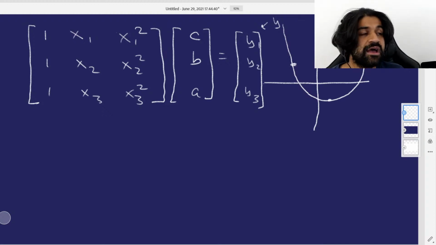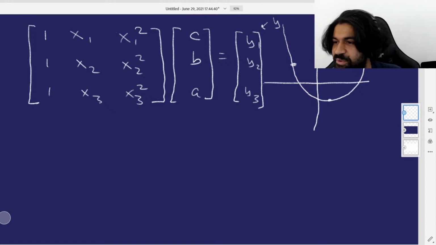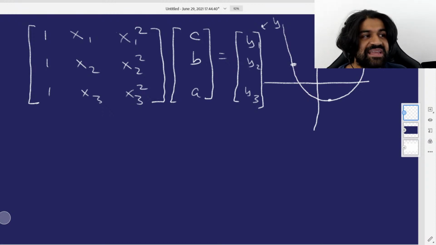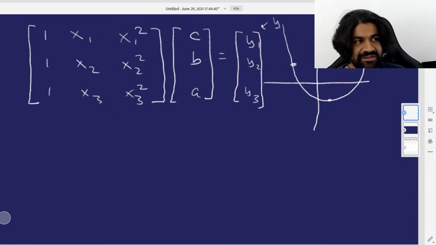Okay, so for sure, if x1 were to equal x2 or x2 were equal to x3, and so on, then for sure the determinant of this matrix will be 0. And also that's it, because you can think of this as a polynomial, right?